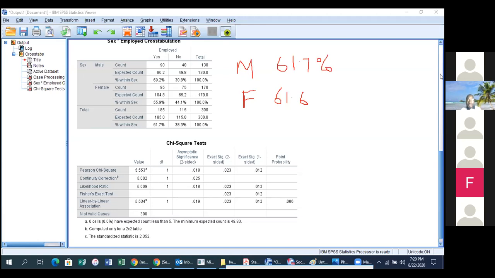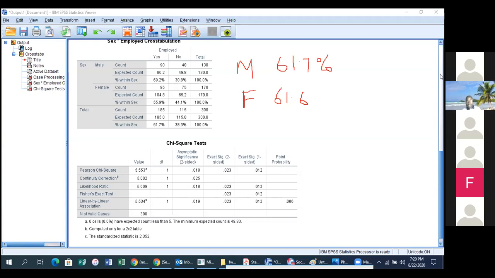I don't know if you understand me now. If there's no difference in the proportion of male and female employed, this is the percentage you will get. That count will lead to this percentage for you. So what the computer did is to compare the observed percentage with the expected percentage.